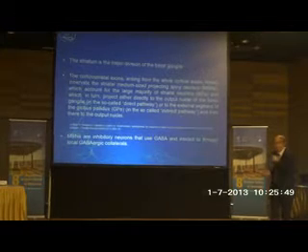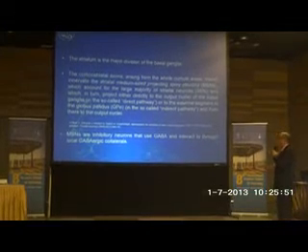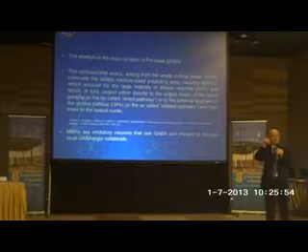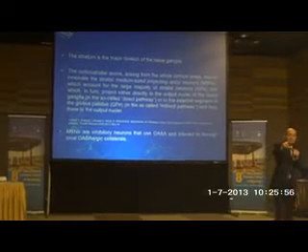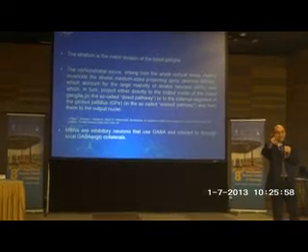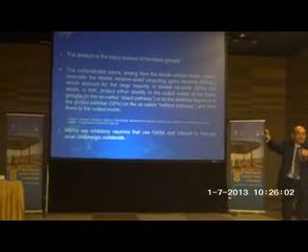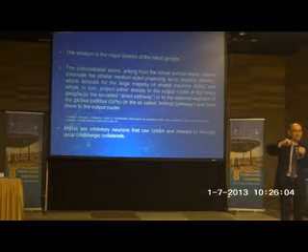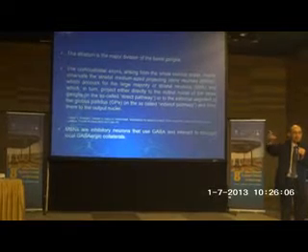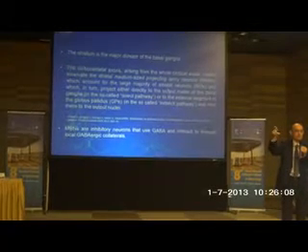GABAergic activity, and it doesn't matter whether they go directly to the globus pallidus pars interna, which is the output nucleus of the basal ganglia. The output nucleus is always the globus pallidus pars interna.